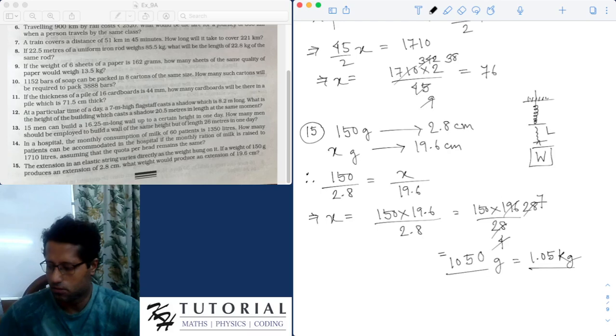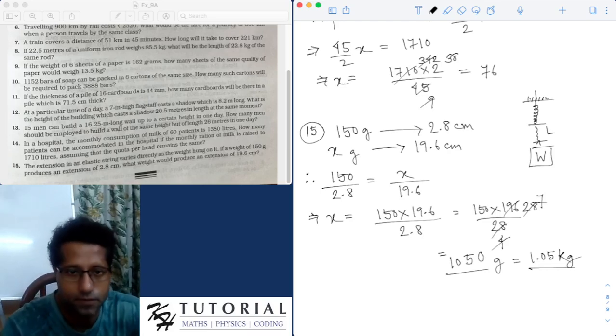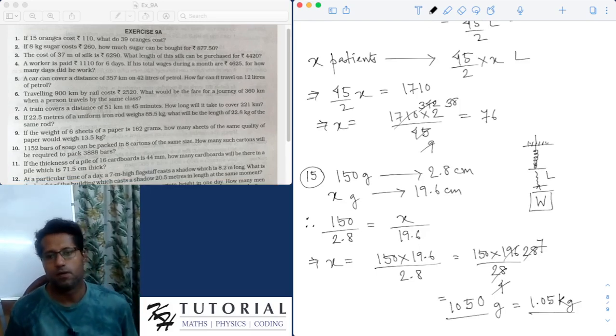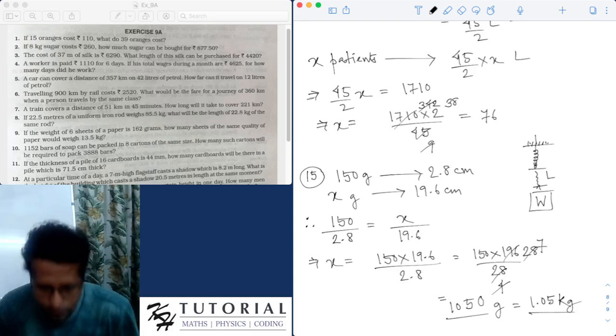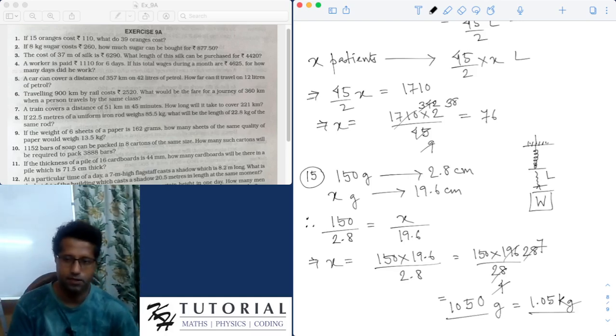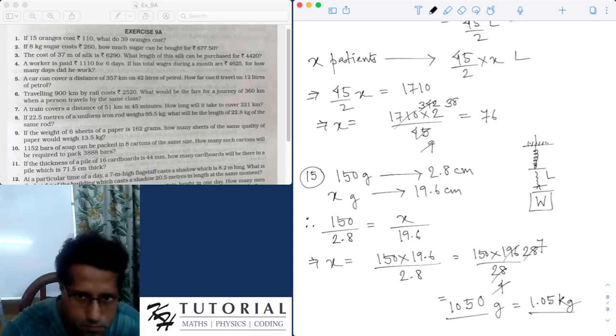So this brings to the end of solving all the problems of exercise 9A, which was based on the concept of two quantities that vary directly, or in direct variation or direct proportion.